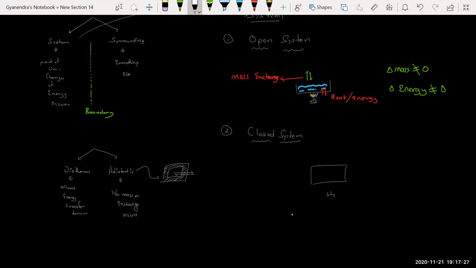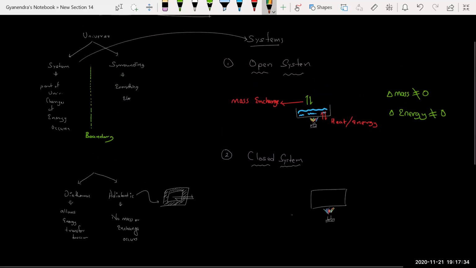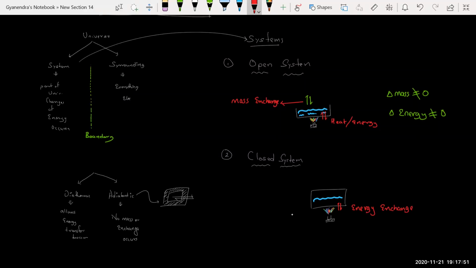If you use the same kind of heater, burner, or gas, when you heat it, what do you expect to happen? Would you see any mass transfer occurring here? No, sir. Would there be a heat or energy transfer occurring, Dinesh? Yes, energy would get exchanged, right? Very good. So the change in energy would definitely be there. It won't be zero.